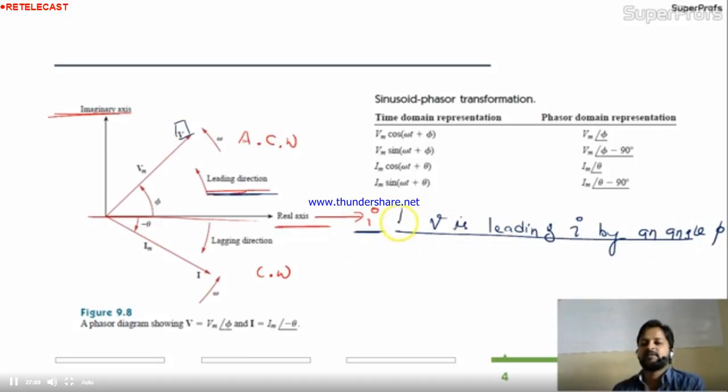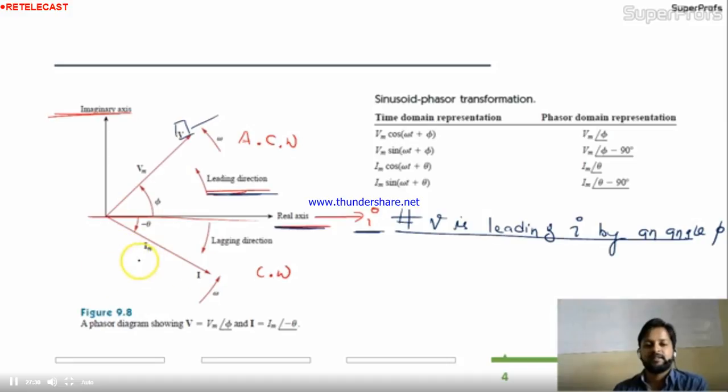I hope this is clear to you. V is the leader. Why leader? Because it is in the anti-clockwise direction from the reference. So in the anti-clockwise direction we get leaders. So V is leading I by an angle of phi.